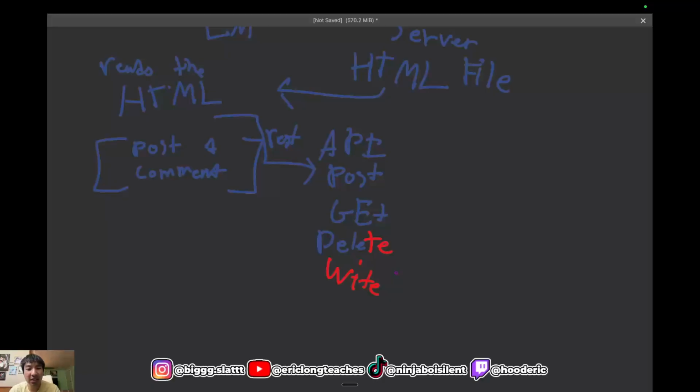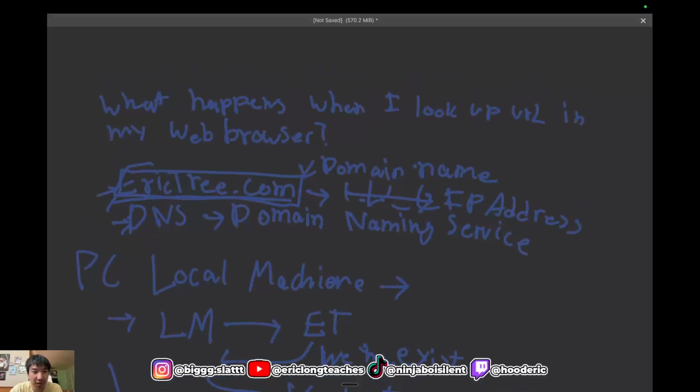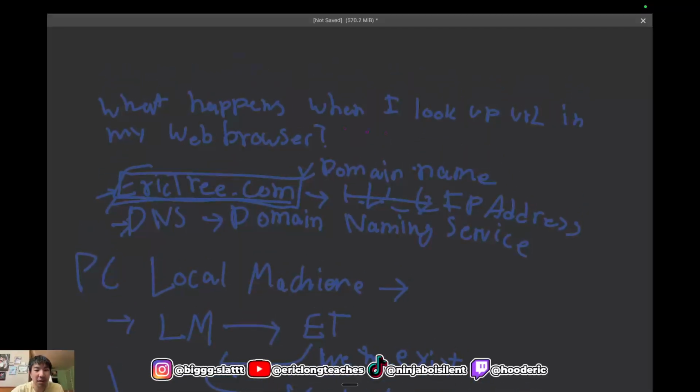Okay, so they send an API request, and it updates their database, by which I mean the server's database. And that's basically what happens when you look up a URL in the web browser.